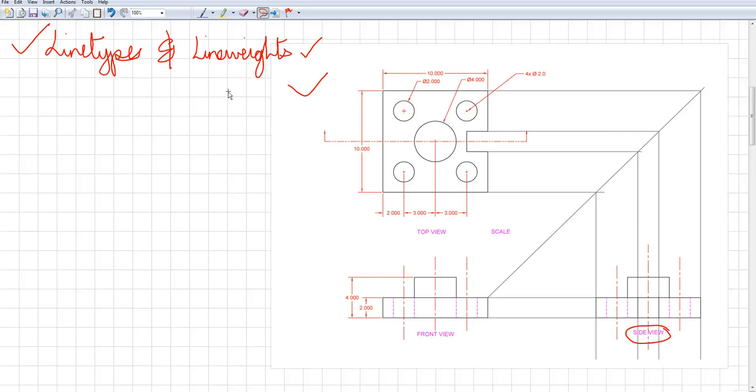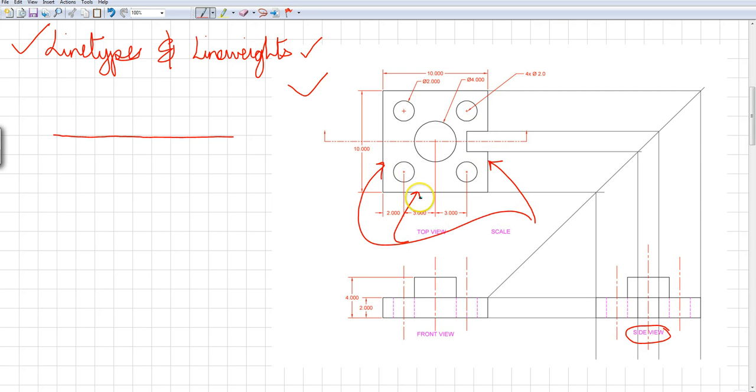Now, the different types of line types, one of the lines is just the visible line. Visible line is just drawn, just going to use another thicker marker. Visible line is a solid dark line. Now, a visible line in this picture would be that one, this one, this one, that one, the circles, these, everything that you see which is solid, right?